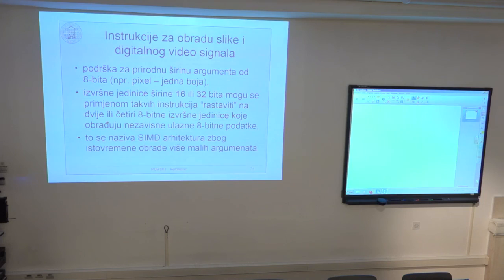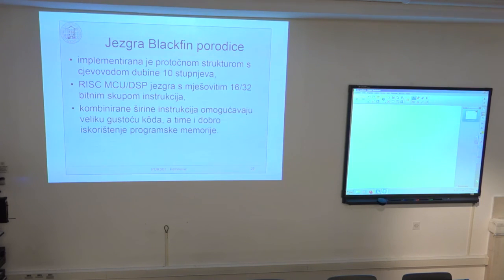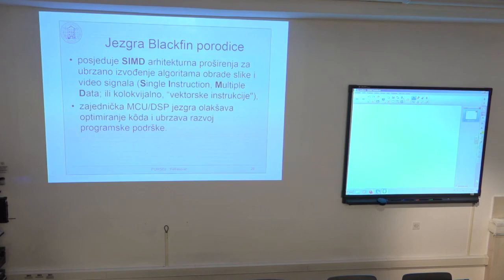Okay. What else can we say? Let me check. It says here it has this single instruction multiple data concept. It means that in a single instruction I can perform the same operation but over a vector of input data.